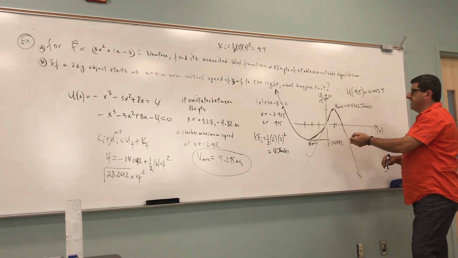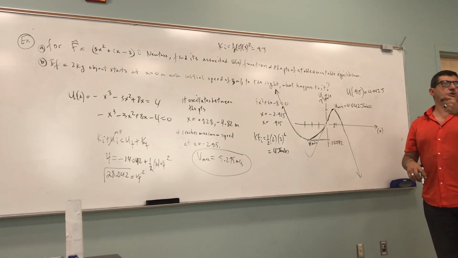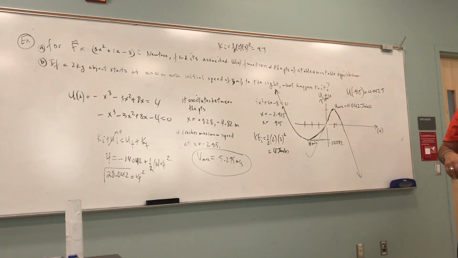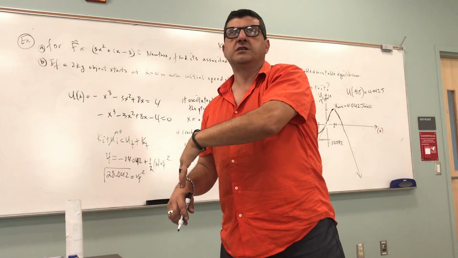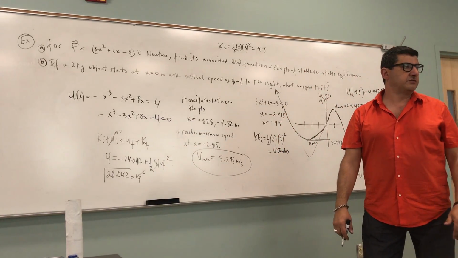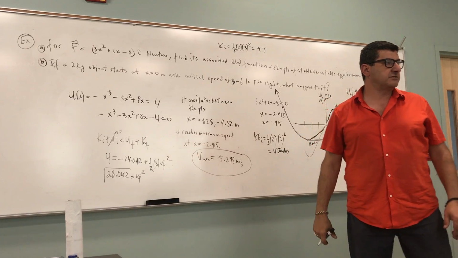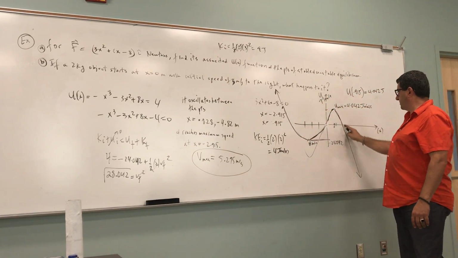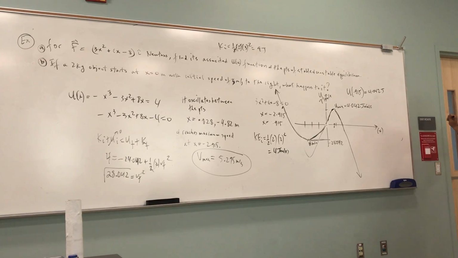So your answer will be, it goes to the right until it reaches its slowest speed at the point x is 0.915. Then it keeps going, and its speed keeps increasing till infinity, and it could go almost at the speed of light by the end, because it's just going to go this way, and its speed is going to increase.